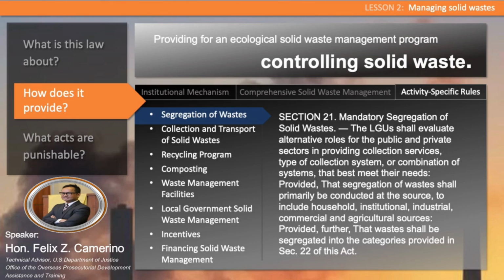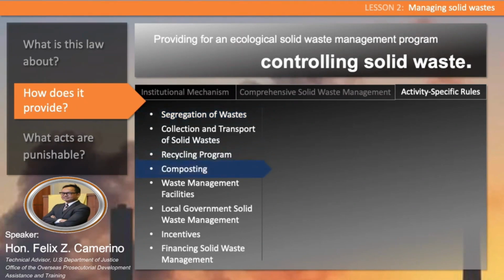Okay, so what this is saying is, again, regardless of what decision the LGU makes, by the time pickup is made, the solid waste should have already been segregated. In other words, all the cans in one container, the bottles in one container, paper in another container, the perishables in another, etc., that kind of segregation. All right, so let's take a look at another.